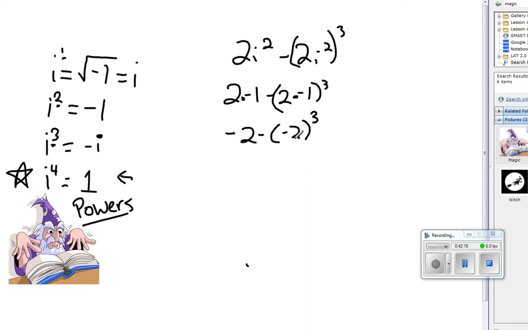Negative 2 to the third power would be negative 2 times negative 2 is positive 4, and then that would be negative 8. So we have negative 2 minus negative 8. If you subtract the negative, that's the same as adding. We're not multiplying anymore. So it's negative 2 plus 8. It's 6.